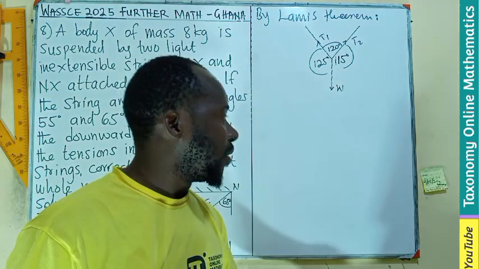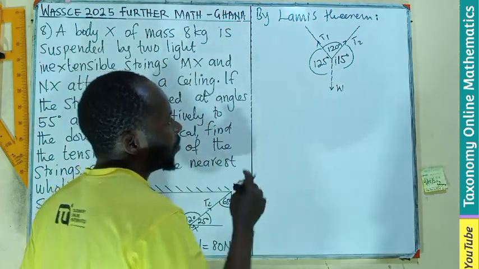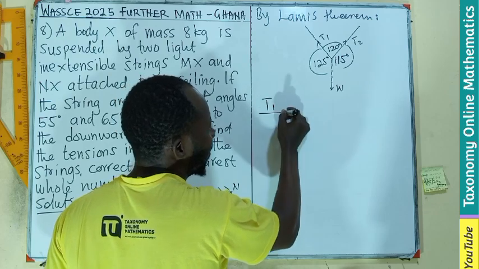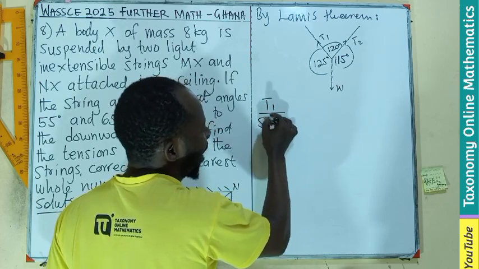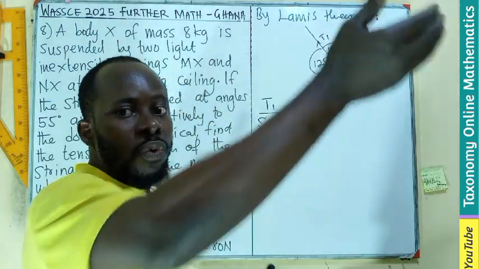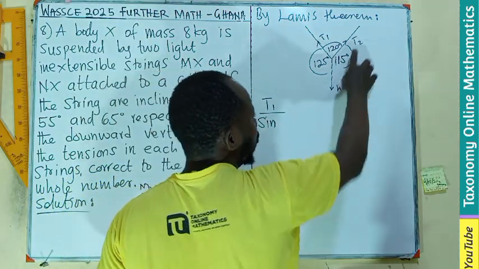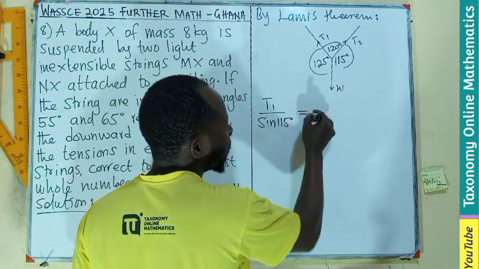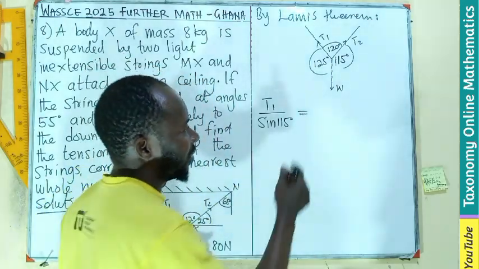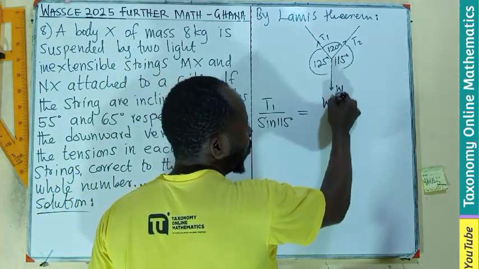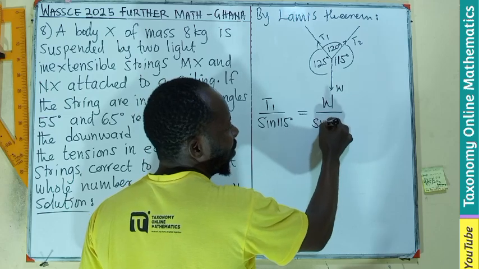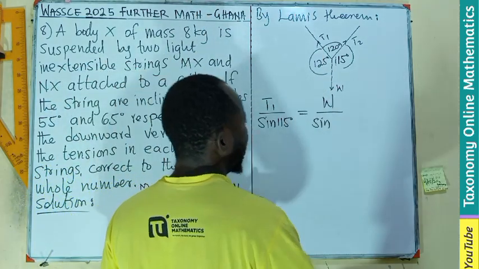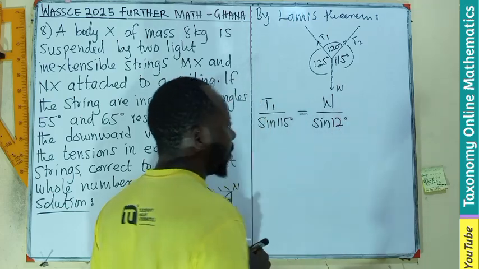So by Lami's theorem, we can start with tension 1. Tension 1 is divided by the sine of the angle between the other two forces, tension 2 and W, that is 115. That will be the same as W divided by the sine of the angle between the other two forces, which is T1 and T2, that's 120.